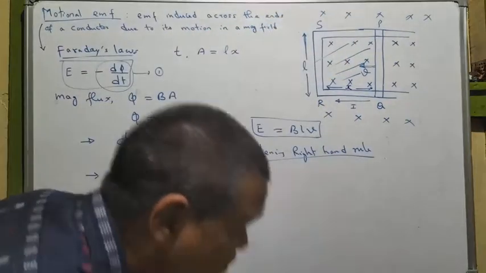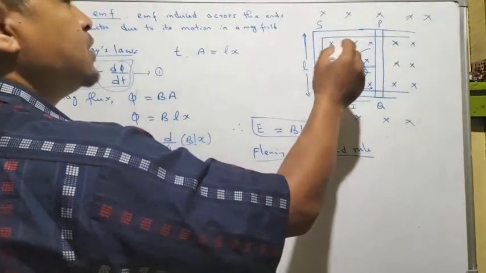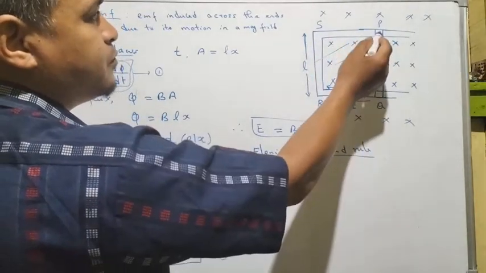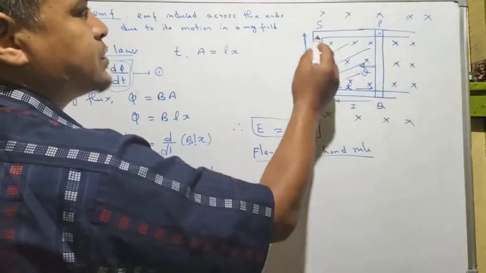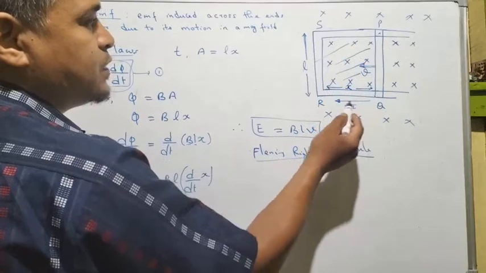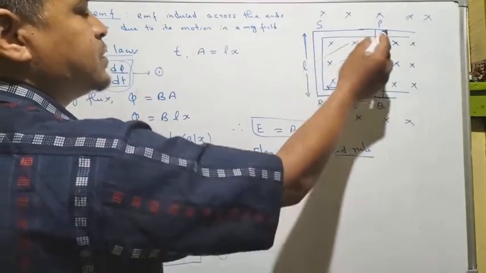So that means the current here will pass in the loop along the direction P, Q, R, S. That is why I have shown here this current along P, Q, R, S in this way.